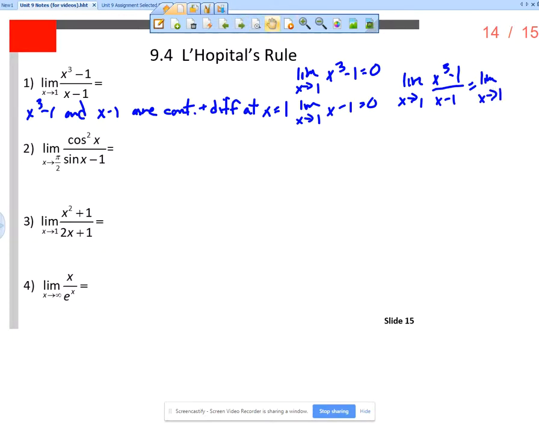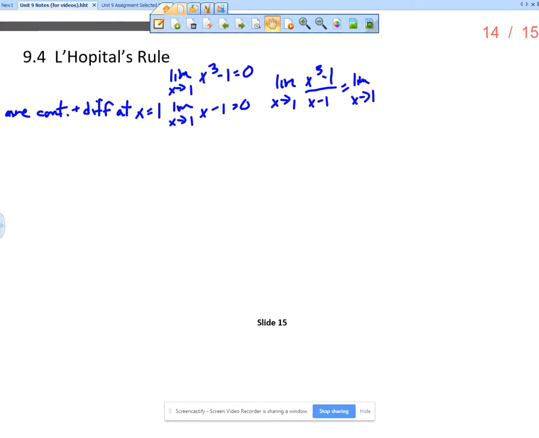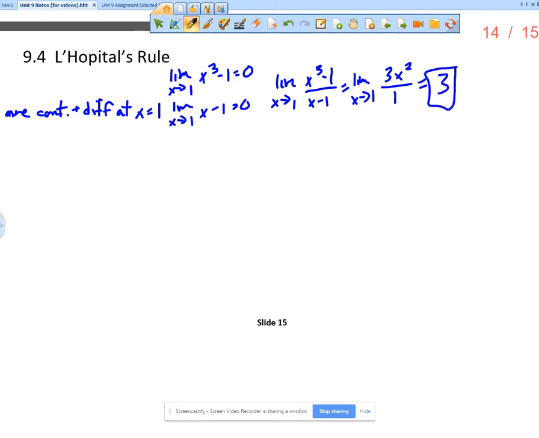Now we're evaluating the derivative of the numerator, which is 3x squared, divided by the derivative of the denominator, which is 1. Remember, you're taking the derivatives separately. You're not using the quotient rule. Now 3 times 1 squared is 3, over 1 is 3. So this limit would equal 3. That's L'Hopital's rule.